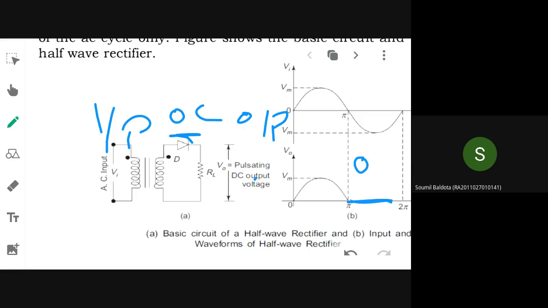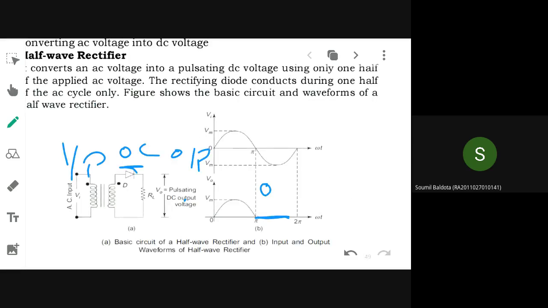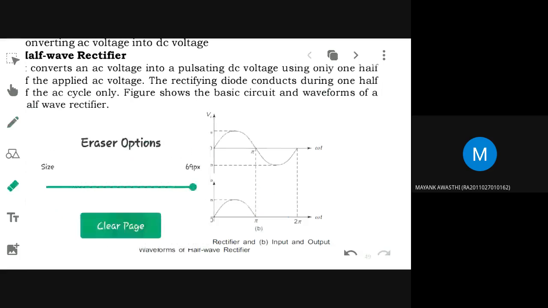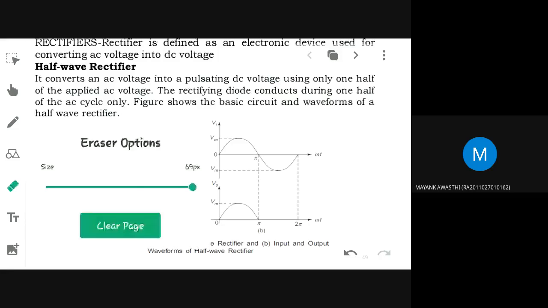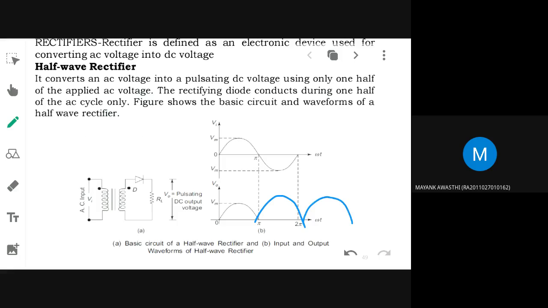This is how the half wave rectifier produces output only for positive half cycles alone. That is why it is called half wave rectification.